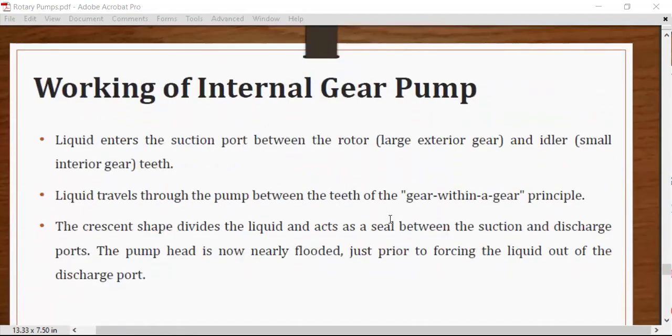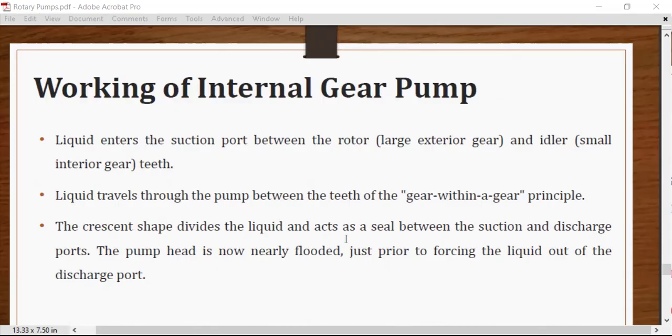The liquid enters the suction port between the rotor and the idler gear teeth. The liquid travels through the pump between the teeth of the gears. The crescent shape, which we have seen in the image above, divides the liquid and acts as a seal between the suction and discharge ports, which does not allow reverse flow of the liquid from the discharge to the suction side.